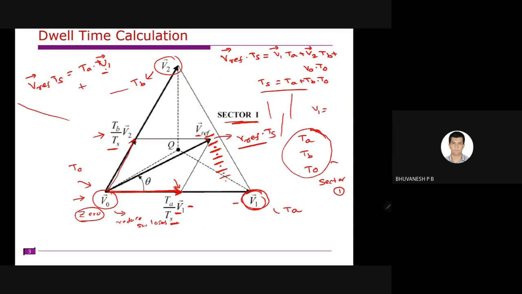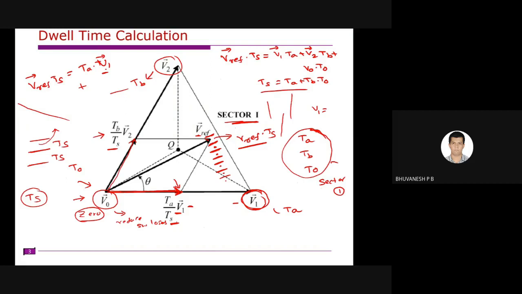The next thing is we have this sample time, that is TS. We have the next sample time TS, right? This is important: this sample time TS is equivalent to one carrier and modulating signal interaction in sine PWM technique.